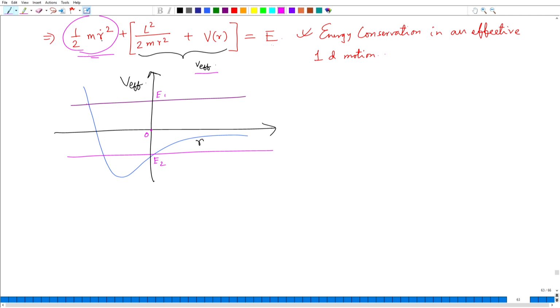So, if you have this effective one dimension motion and you encounter a turning point, let us say at some r equal to r star, then at that point the effective kinetic energy of the particle is 0.